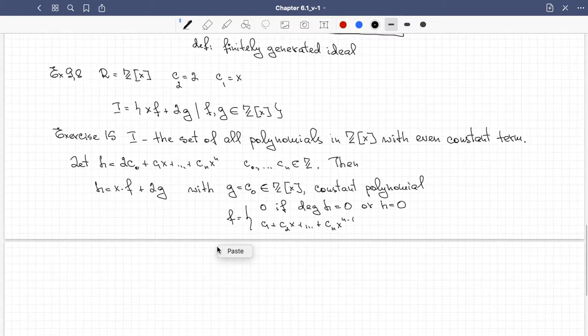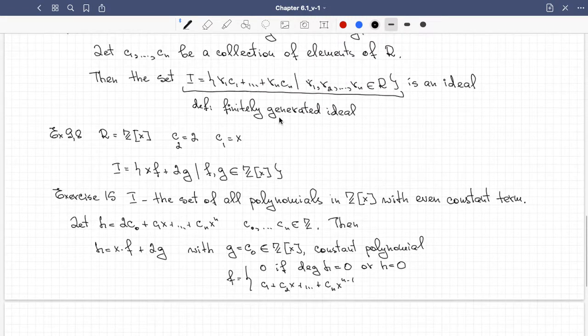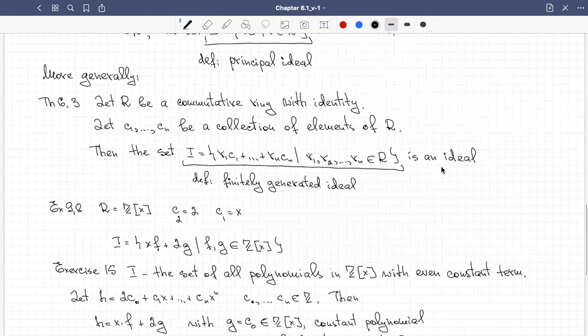So in the example 8, it is proved that this is an ideal, that there is nothing to prove. That is an ideal immediately from theorem 6.3.